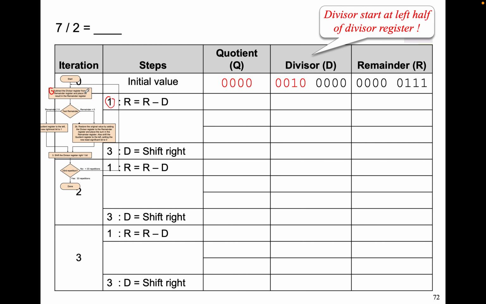First step is to subtract the divisor from the remainder and place the result in your remainder. Means remainder equals your current remainder minus your divisor.